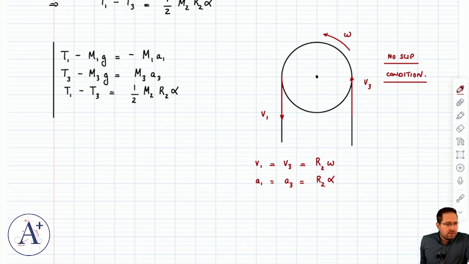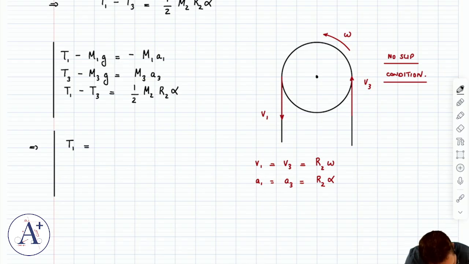Okay, so if that's the case, then we ought to be able to solve for alpha, because that's what we want to solve for at the end. So we can update our equations. I'm going to say T1 is equal to M1G minus M1A1, which is really R2 alpha.